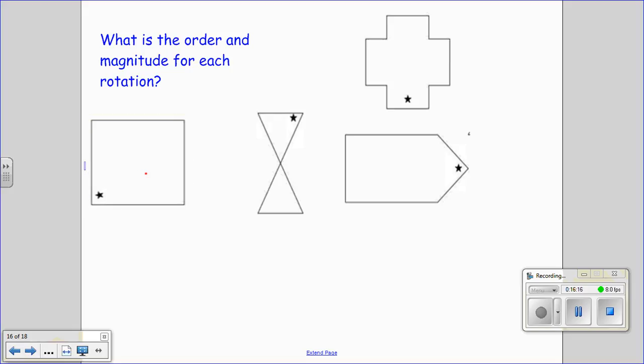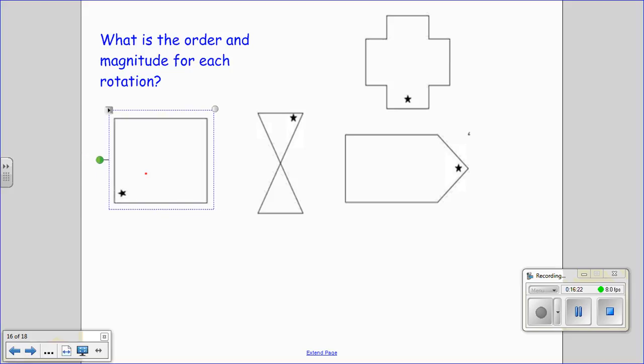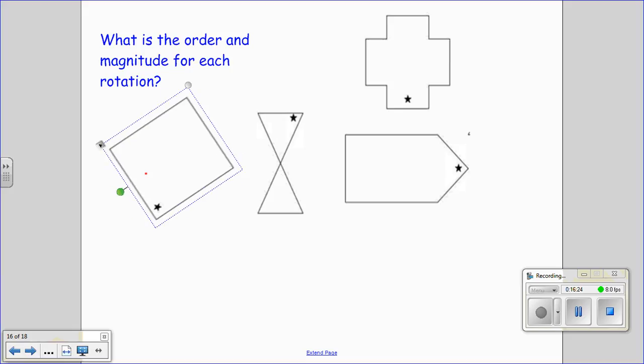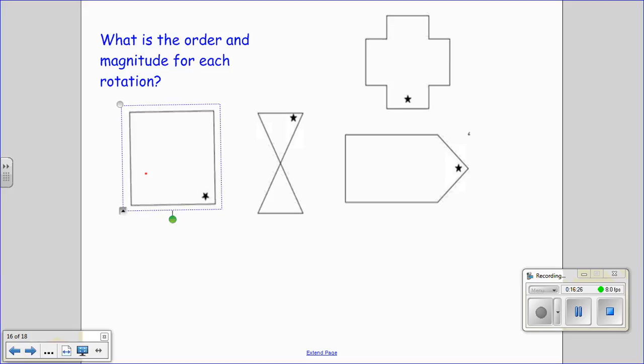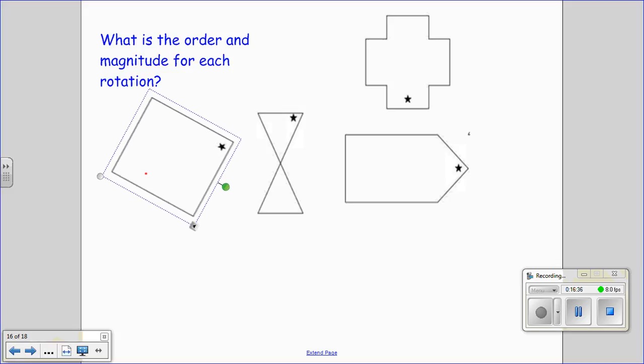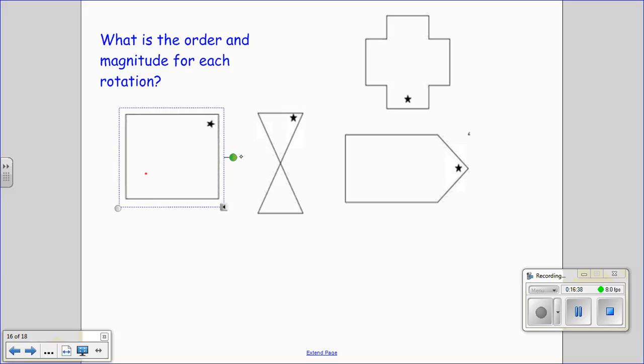All right, let's go around again. That's 180 degrees. That was 2 rotations. That's 270 degrees. That's 3 rotations.